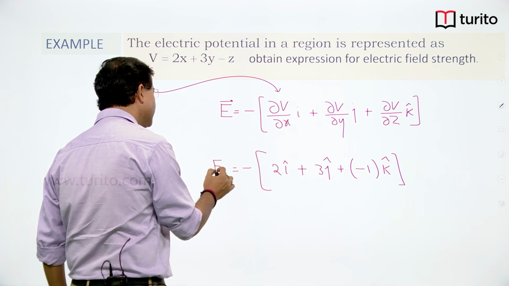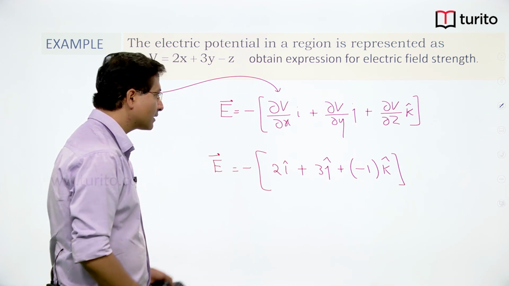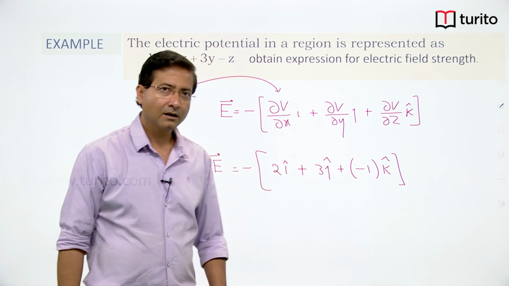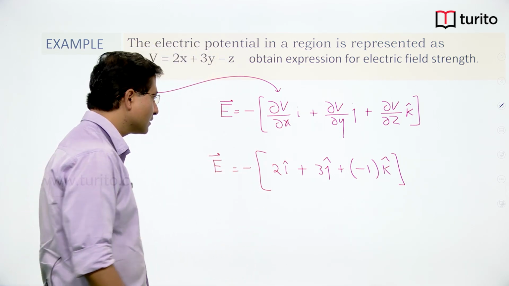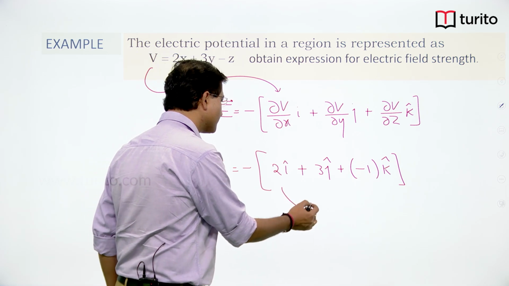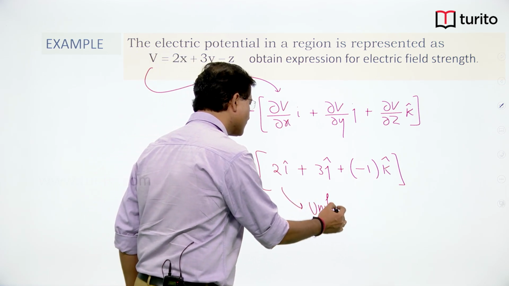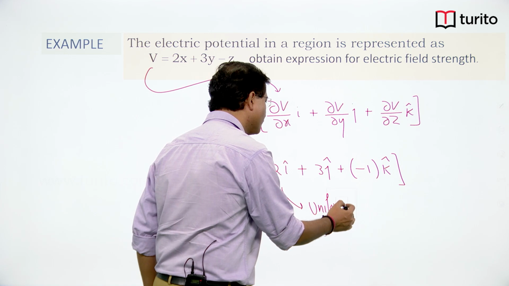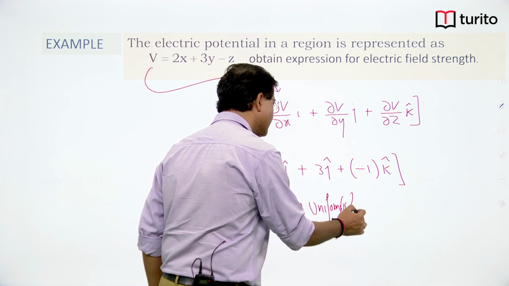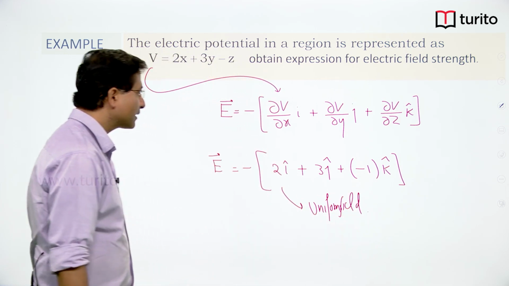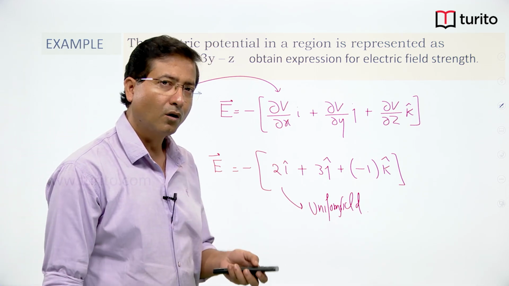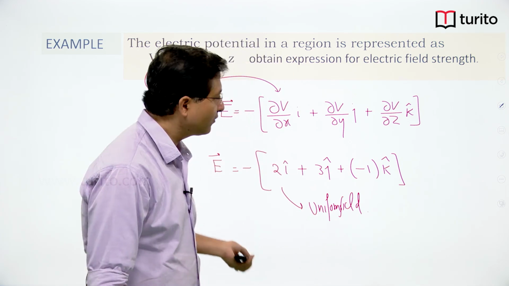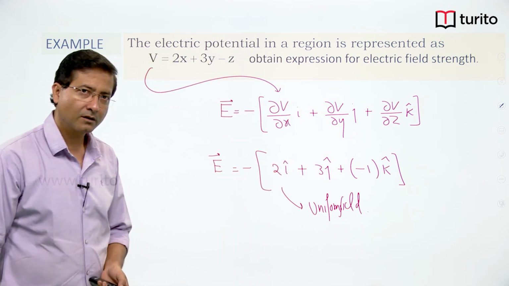As our field does not contain any x, y, z term, this comes under the category of uniform field. So this is a uniform field, right? So irrespective of the location in a space, whether 0, 0, 1, 0, 2 or any other point, everywhere field will be like this, right?